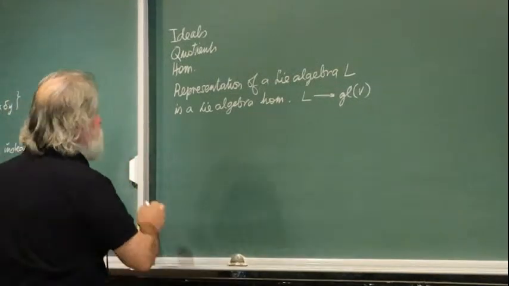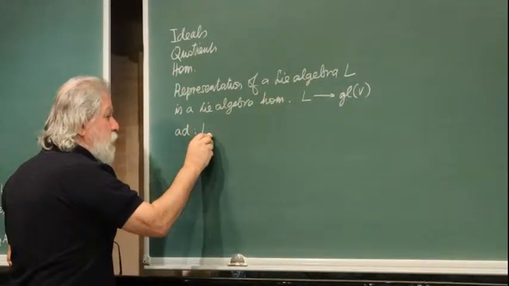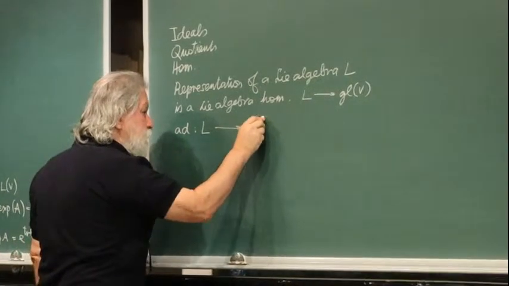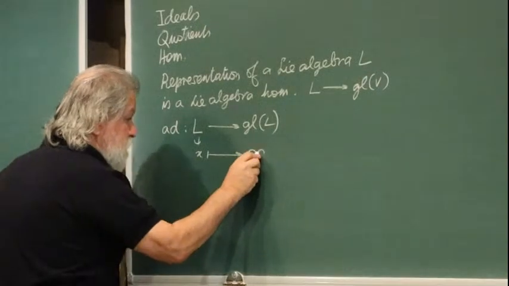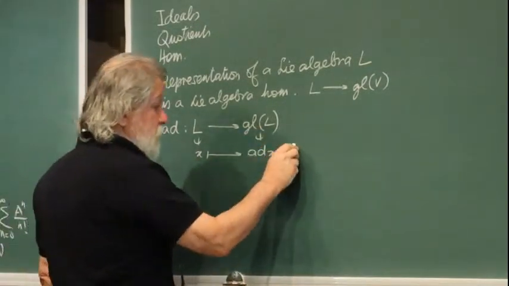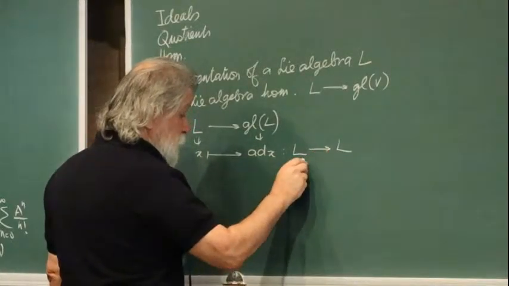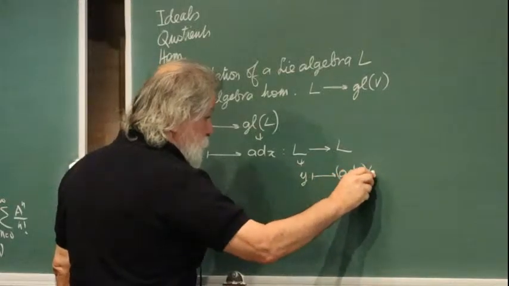Okay, and we have a usual one, the adjoint representation. This is from L into GLL that takes an X here. It's sent to ad X. What's ad X? ad X is a linear map from L into L. It takes Y to [X,Y]. This is what we expect.